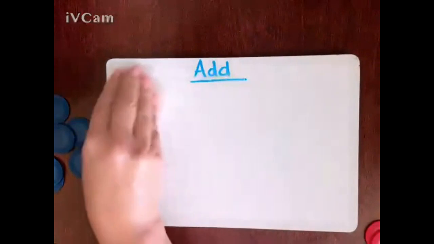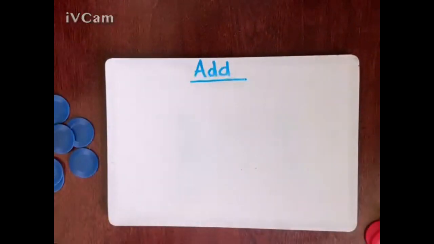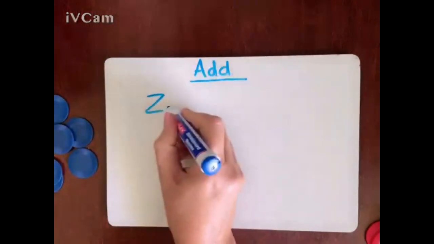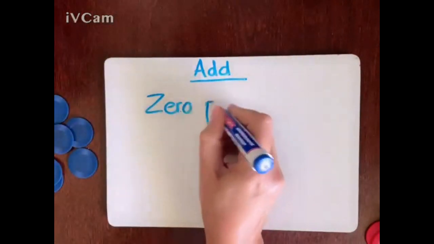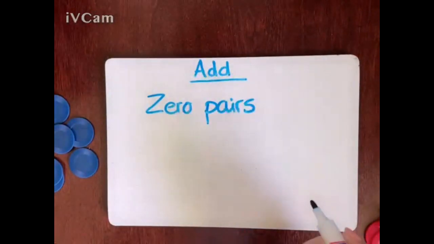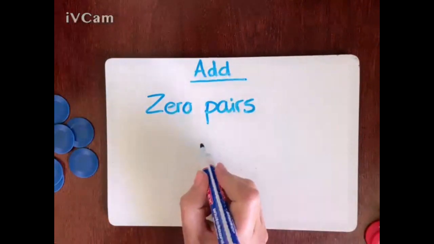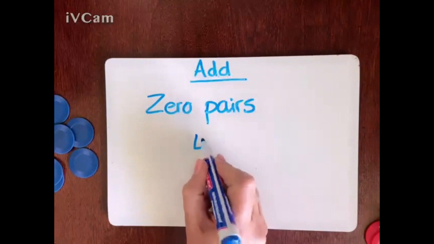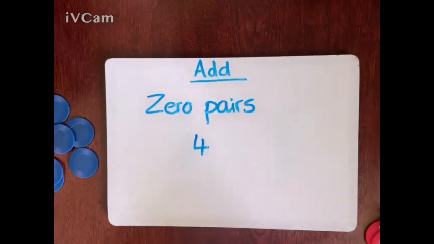So that's the normal way of adding. Now I want to introduce zero pairs. This is a concept that we use, zero pairs. That means, what is the opposite of a number? If we take the number 4, what will be the opposite of this number?